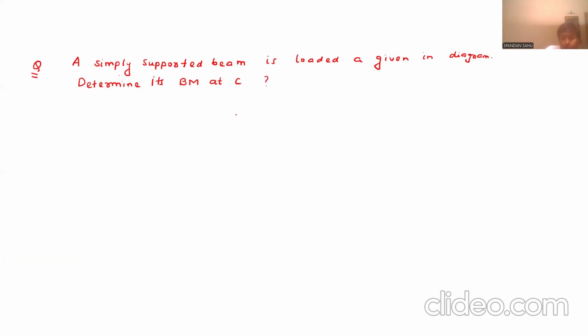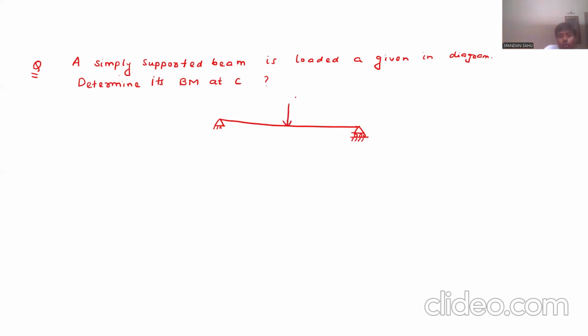Okay. So now let me draw the figure. Let me give you the figure, then you try to solve this by yourself. As we have read each and every concept, this is a straight beam. One side is hinged and one side is roller.